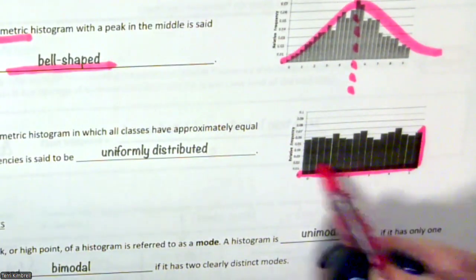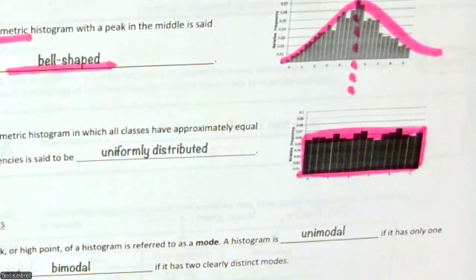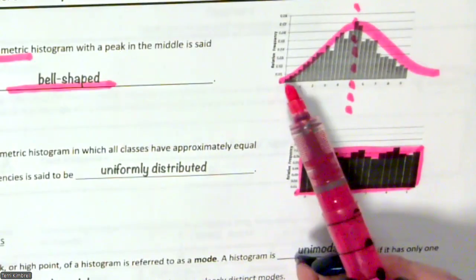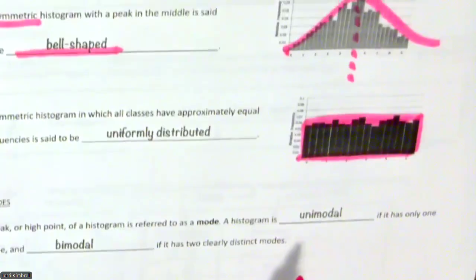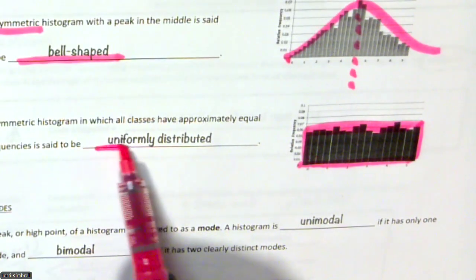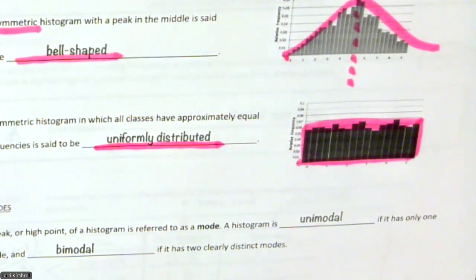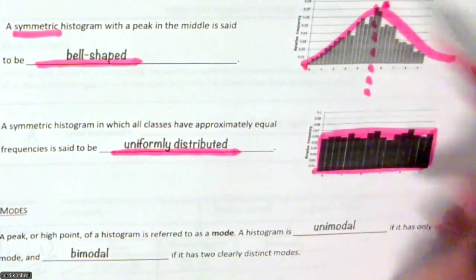It would be symmetric, but it's more uniform, which means most everything's the same. Right here, you've got some low values on each side, and then they kind of go up. But with this one, you basically have everything uniformly distributed. Most things are going to total the same exact thing, whereas this one had a peak.